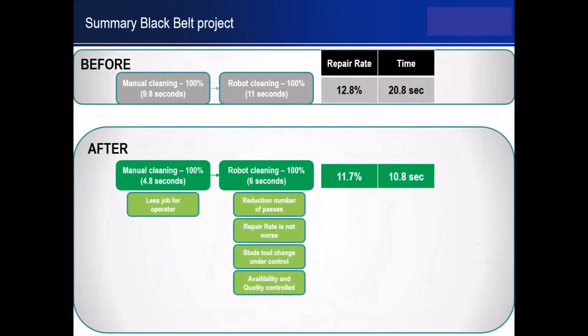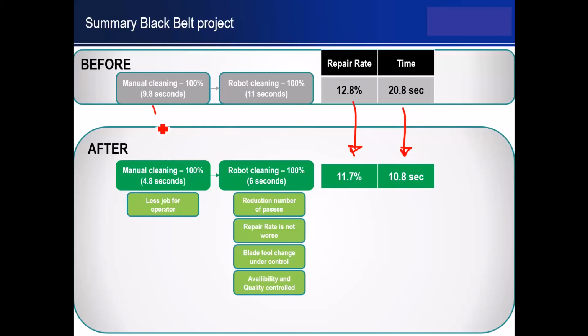And then what she's done is she's put those settings into the machine, and although she hasn't changed the defect rate or the repair rate too much, look what she did to the cycle time. She's improved the cycle time dramatically. Here's something else that she's done.